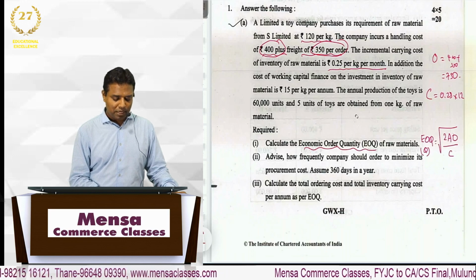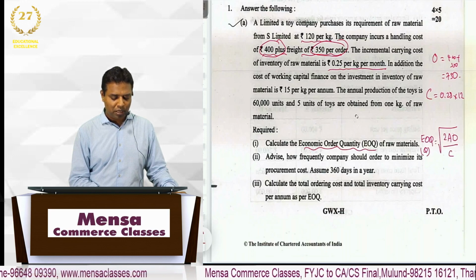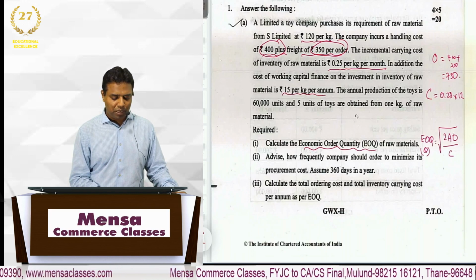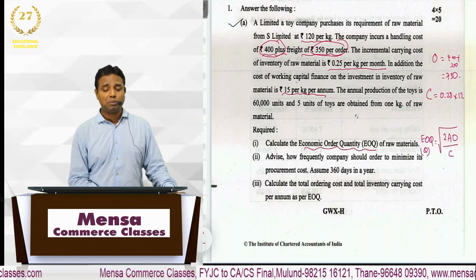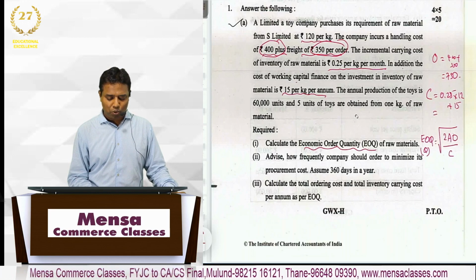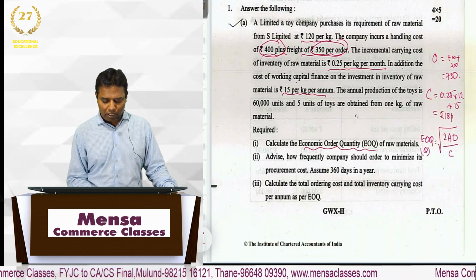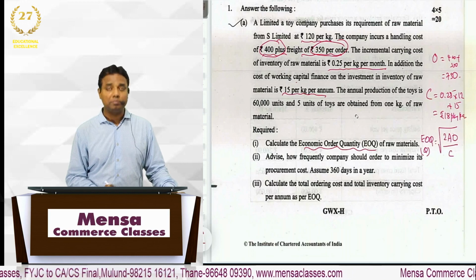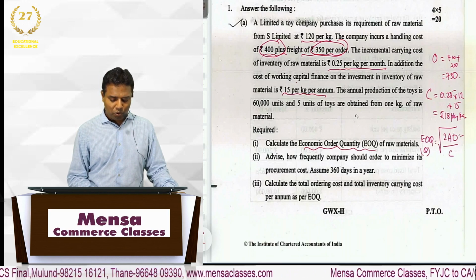Plus, in addition, the cost of working capital finance on investment of inventory of raw material is rupees 15 per kg per annum. So this is another carrying cost, 15 rupees per kg per annum. So you will add it. So 0.25 into 12 plus 15 will come to rupees 18 per kg per annum. Fine. So we know A, we know O, we know C.